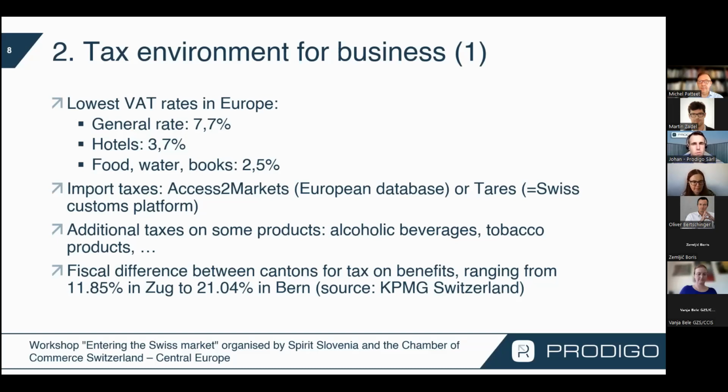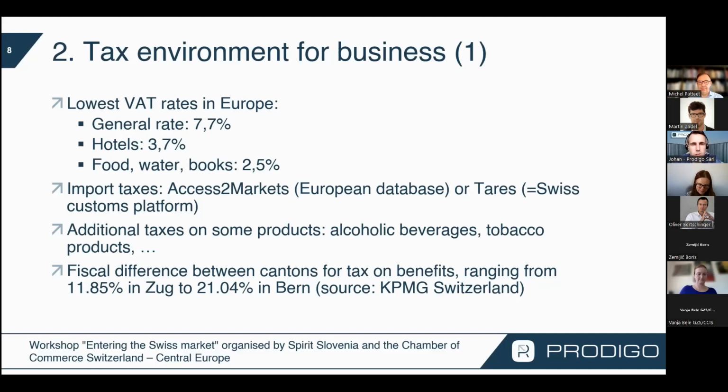Another aspect that you have to consider when exporting to Switzerland is the import taxes. As Switzerland is not part of the European Union, it can apply import taxes on different products. For instance, in the food sector, many products that are also produced in Switzerland are protected by import taxes.